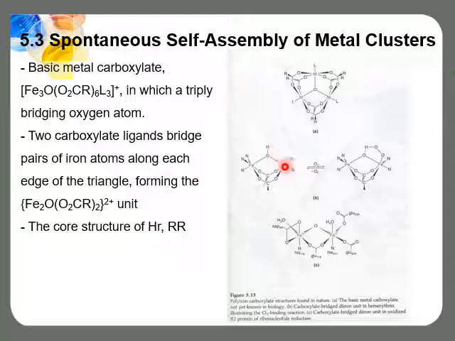Here only this iron is five-coordinated. That's why this hemerythrin iron has affinity for oxygen. When oxygen comes, the six coordination of iron is satisfied.